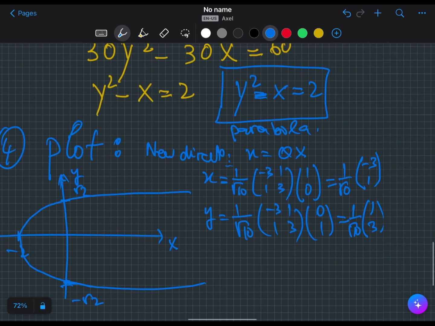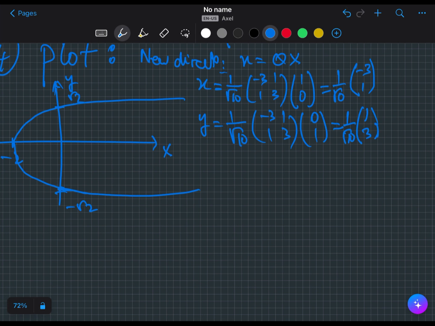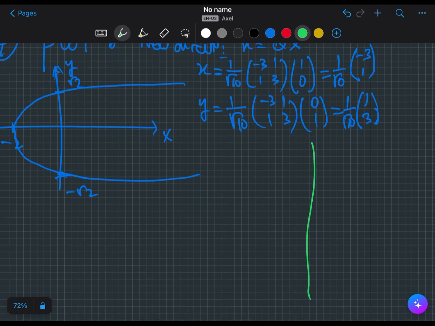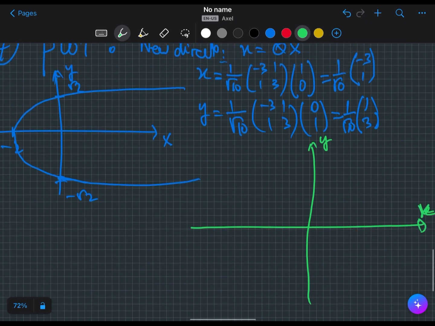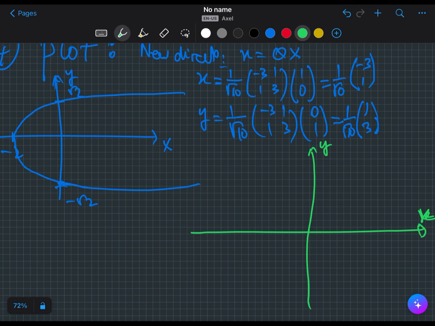Now if I want to plot this on the new axis, then my plot will look something like this. Here I have my y' and here x', so I will see the new directions: 1, 3, and then minus 3, 1.